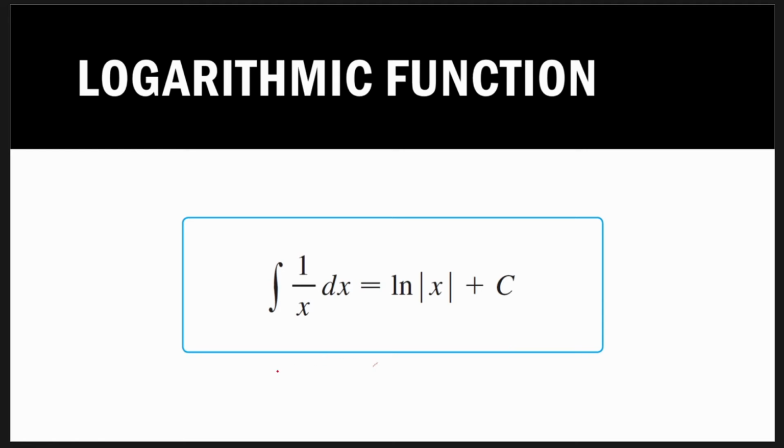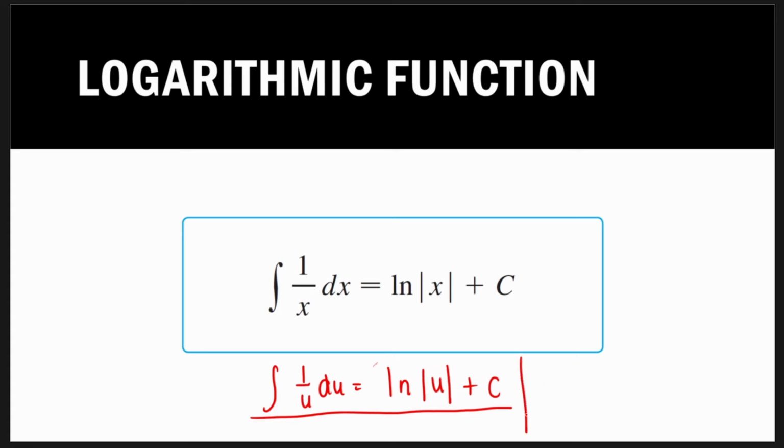And also we can write here, if our x has an equivalent composite function, that is 1 over u du, which is also equal to ln absolute value of u plus c. If you're familiar also with differential calculus, that is just taking the differential of ln u, which is equal to 1 over u.